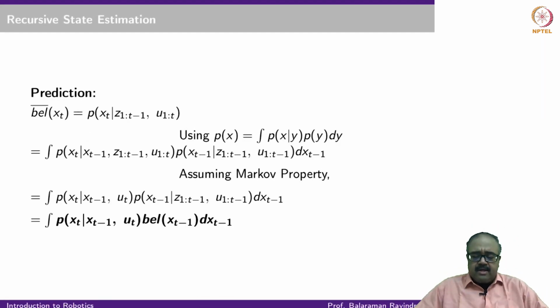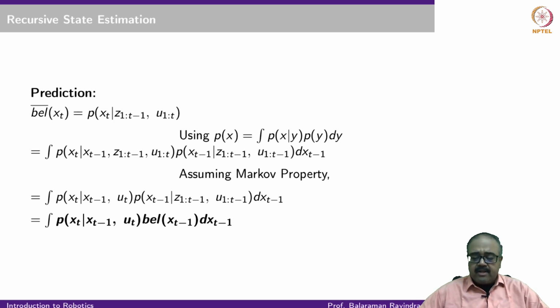Let's look in a little more detail at the prediction problem. What is the prediction problem? Remember, the prediction problem is to compute bel bar xt as the probability of xt given z1 to t minus 1 and u1 to t.